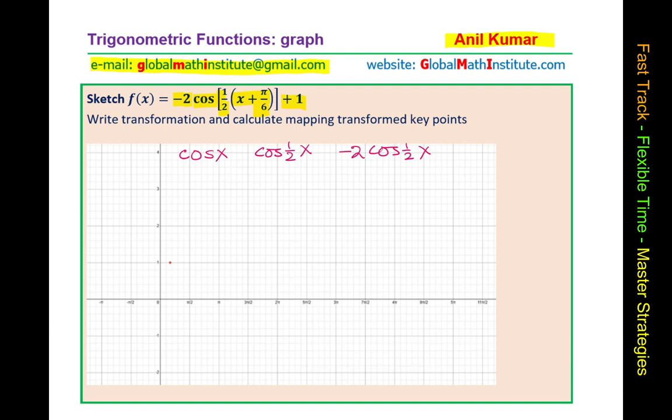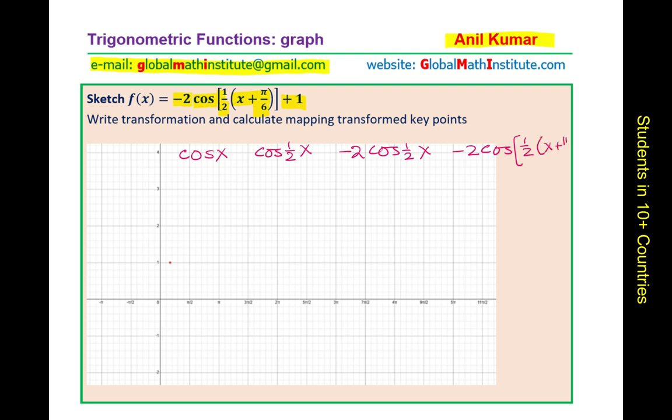So I'll put them together. So what we have here is minus 2 cos of, let me write everything together. That is the final function, okay? So pi by 6 left and plus 1, correct? So with that, we'll be able to sketch the whole graph. So 5 key points which we will be considering, which are standard, are cosine function, as you know, starts with 0, 1, right?